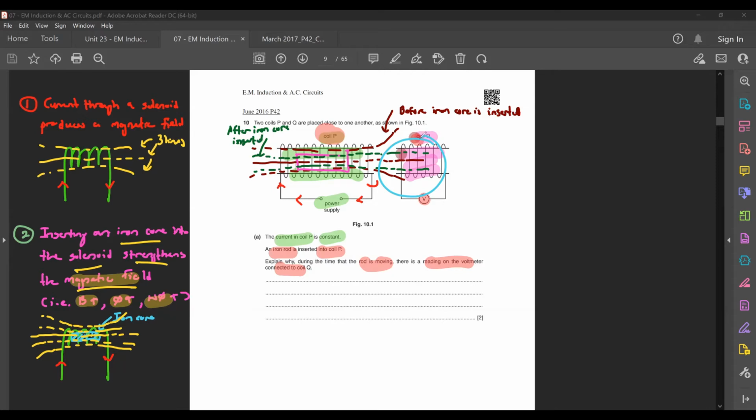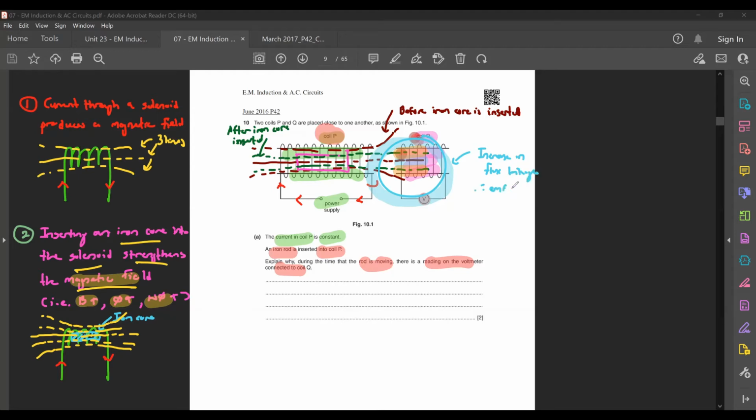Now if you look at this blue section that I highlighted, before your iron core was inserted, there was only one magnetic flux line going through core Q. But after I inserted the iron core, there are now two additional green lines through core Q. So there is an increase in flux linkage.